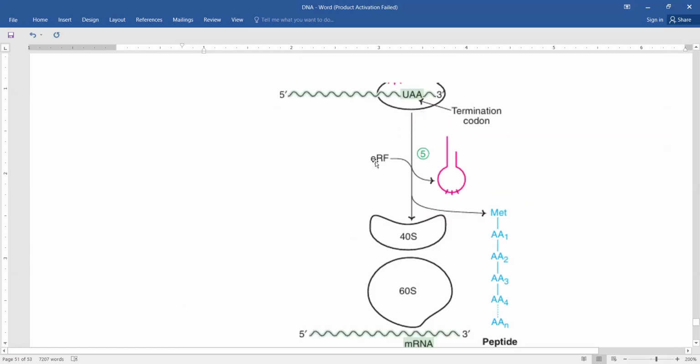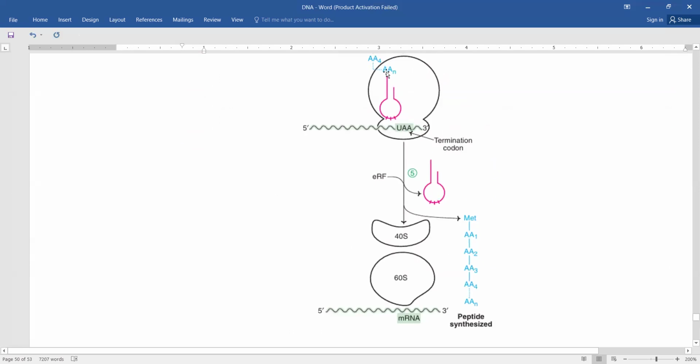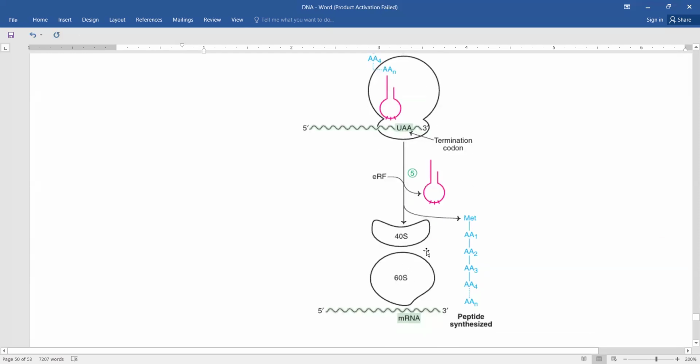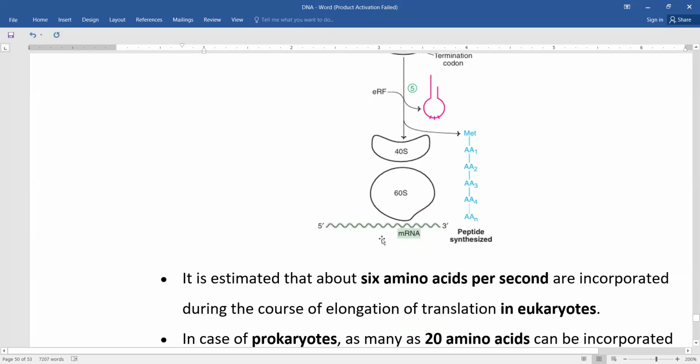The releasing factor, peptidyl transferase and a water molecule break the bond between the tRNA and the growing polypeptide, on seeing this termination codon. One water molecule and the GTP are all utilized. First the bond between these two is cut, so the polypeptide is separated. Next, the 60S and 40S separate. The small subunit has the mRNA, which is also released into the cytoplasm.